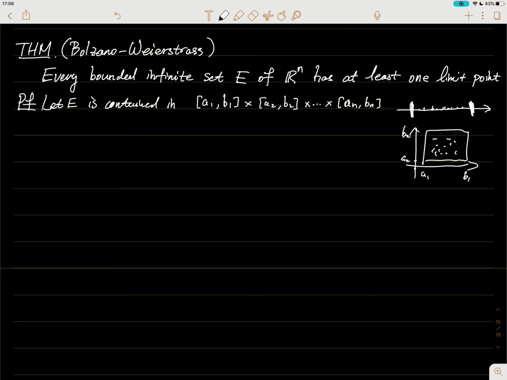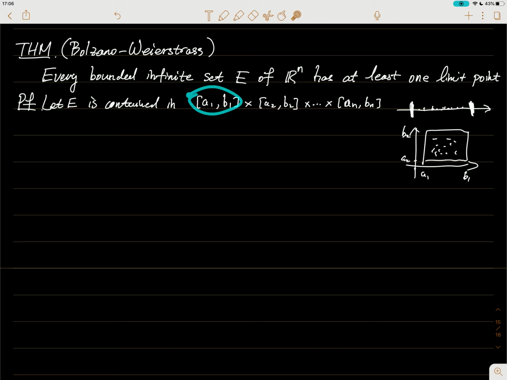Okay, so now I know that at least for one direction, look at the first direction here, or first coordinate. Okay, I'll have a sequence of points because this is in an interval.